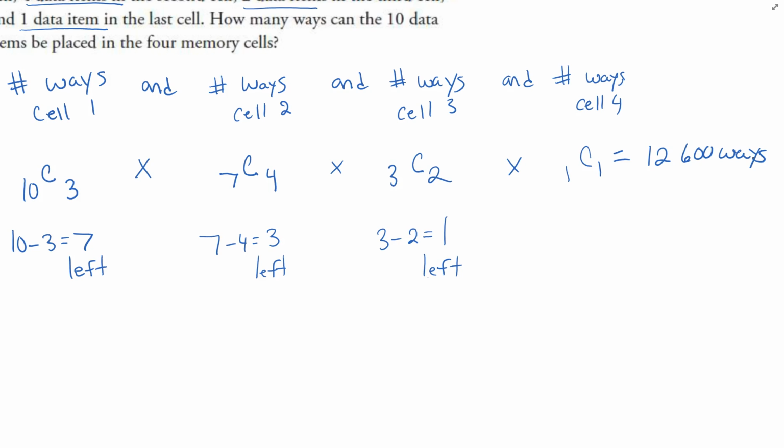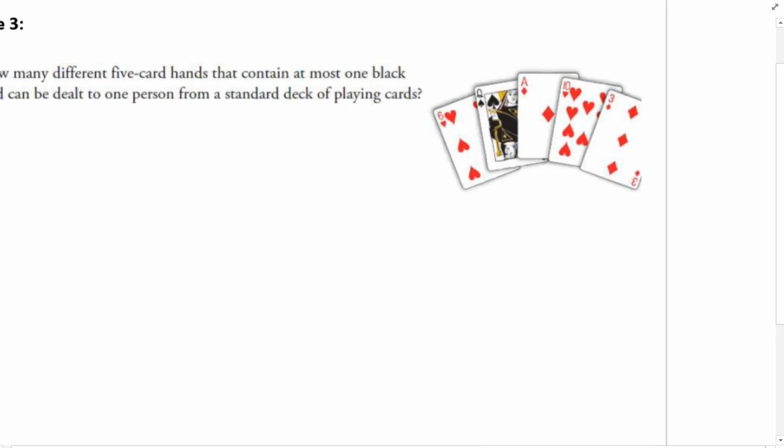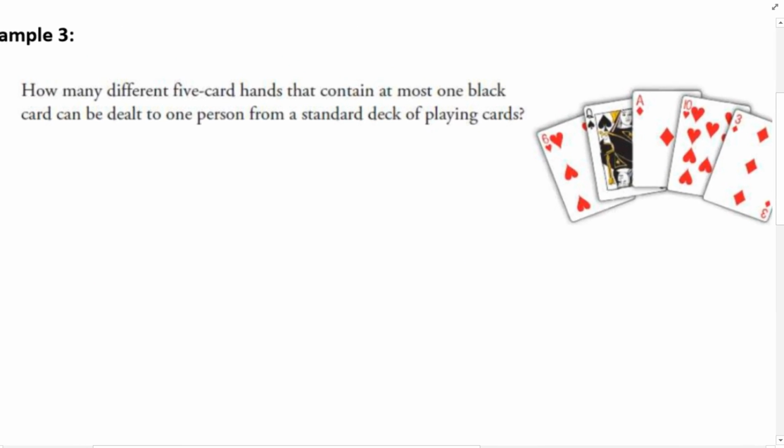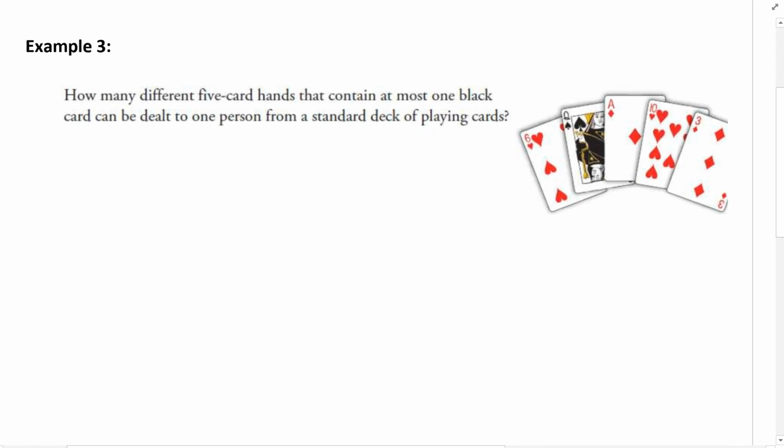The last example we're going to look at is example 3, and this has to do with a deck of cards. So it says, how many different 5-card hands that contain at most one black card can be dealt to one person from the standard deck of playing cards? So again, you need to be familiar with a standard deck of playing cards.